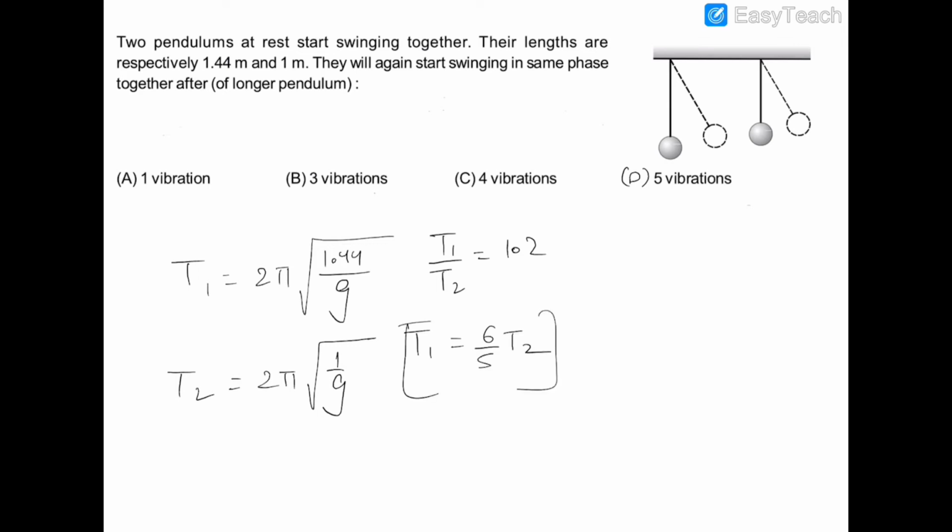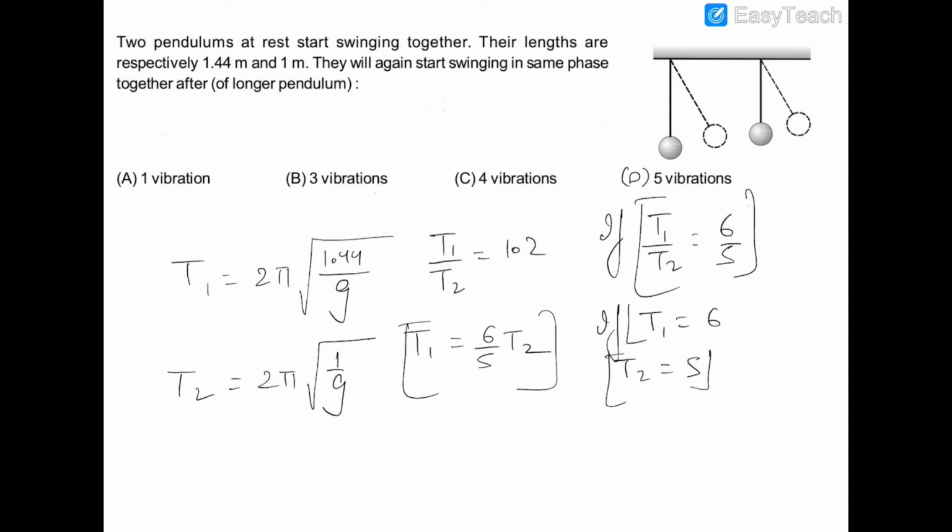If T1 by T2 has a ratio of 6 by 5, then if T1 is 6, then T2 will be 5. So this is the longer pendulum. It has a greater length of rope.